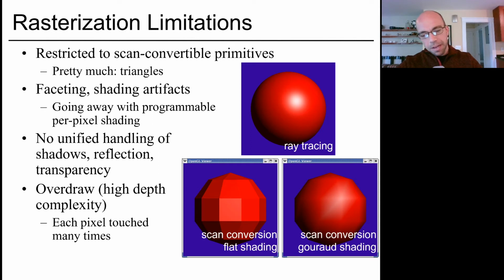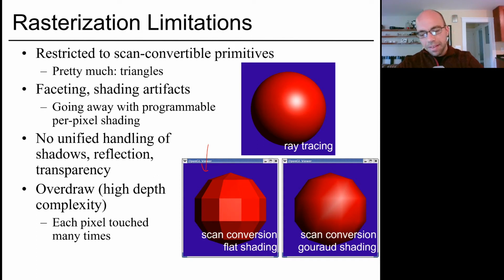Now, because we're working just with a ton of triangles, we can have all kinds of other artifacts as well. So for instance, if we use a really coarse mesh, like what's on the left-hand side, we might end up with faceting, which is basically just a byproduct of the fact that triangles are flat.